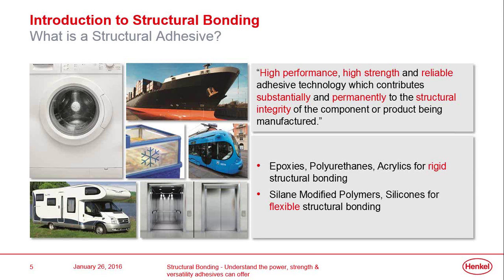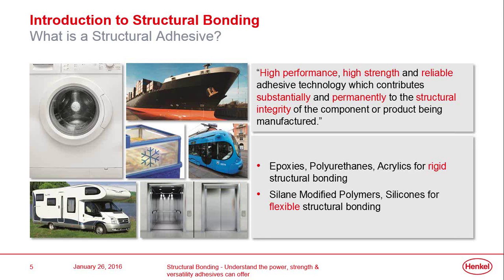And we tend to consider structural bonding in 2 ways: either rigid structural bonding, which we would consider with epoxies, polyurethanes and acrylics, or flexible bonding, which we would think about with silane modified polymers or silicones.